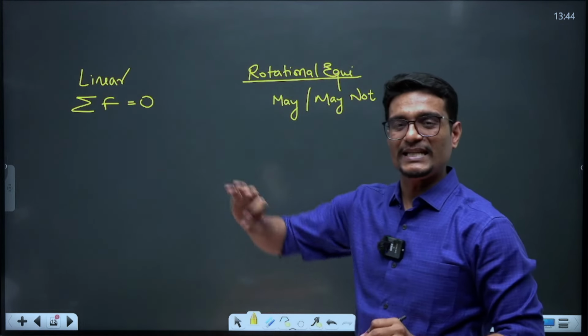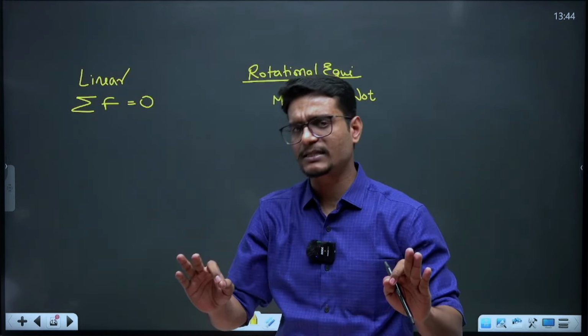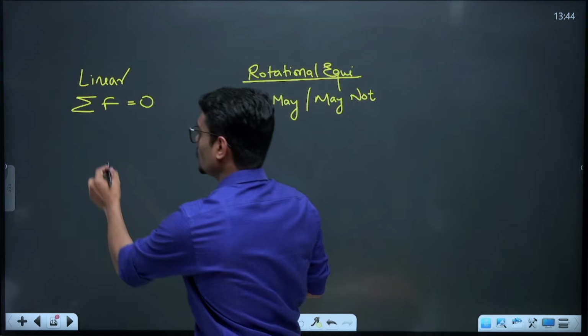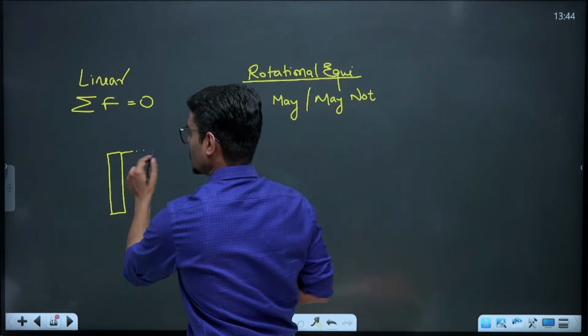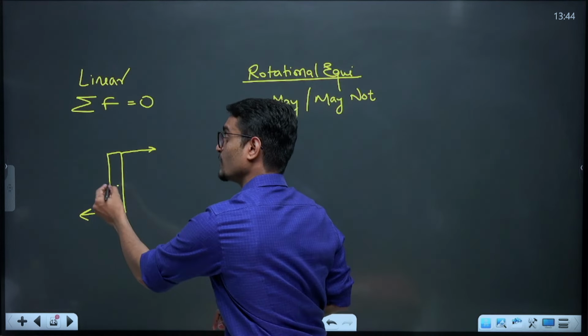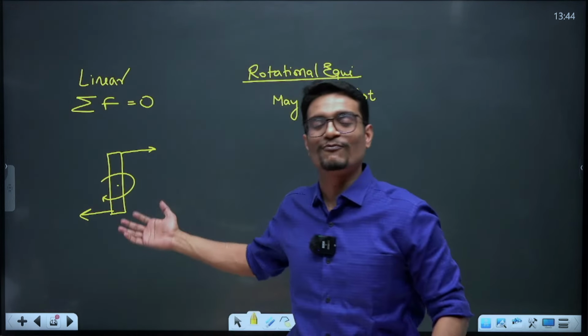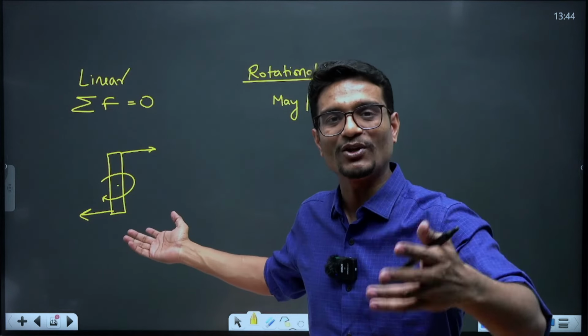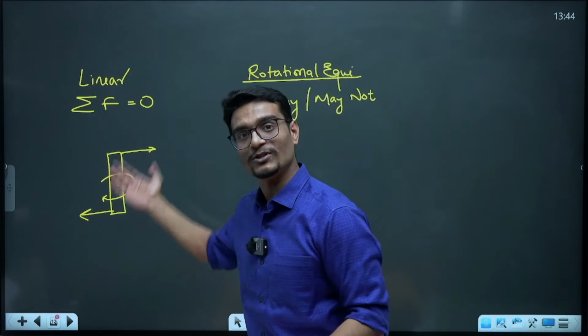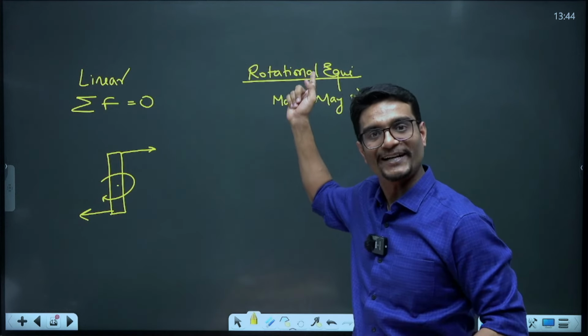If the body is in linear equilibrium, it simply means that there are two forces which are equal and opposite, but these two forces can still produce motion. And this is what we have studied in the moment of force, moment of couple. Two equal and opposite forces still produce a rotational effect.